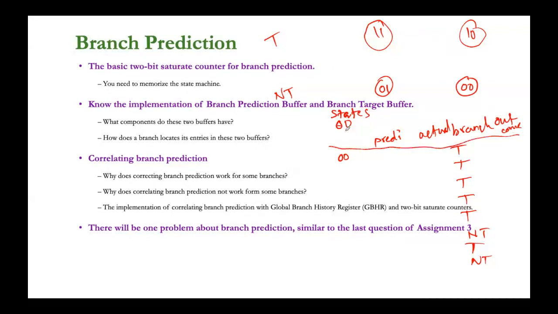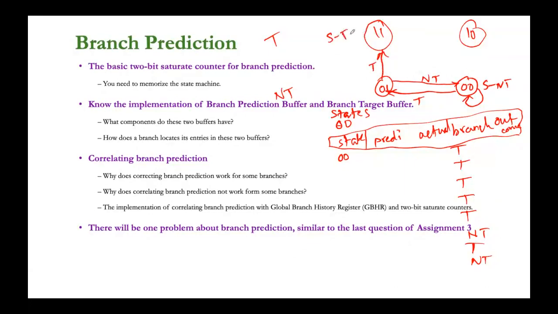So here you will find the branches like state. What you do, we have seen in this 2-bit saturating counter: if it is strongly not taken, and if it is not taken, then it will remain in the same state. If it is taken, then it goes to the next state, and if it is not taken, then it will come back to the same state.